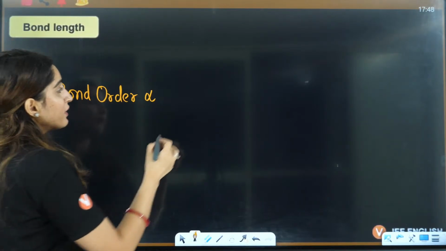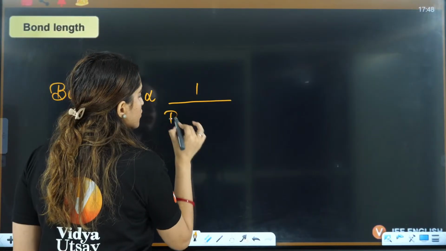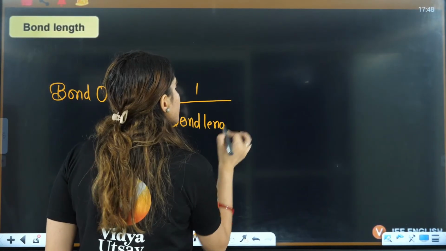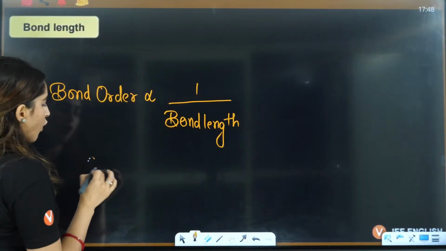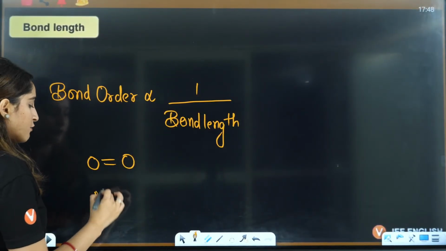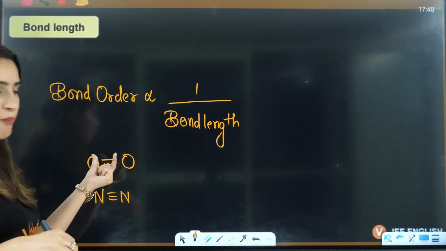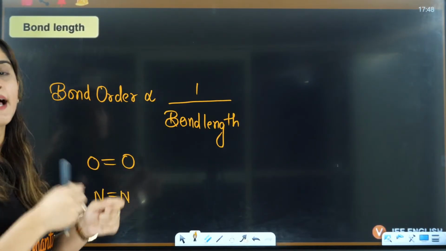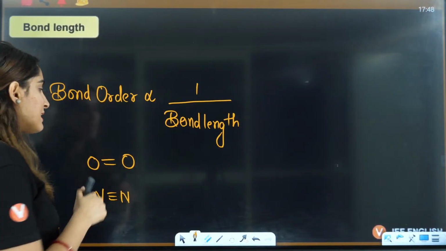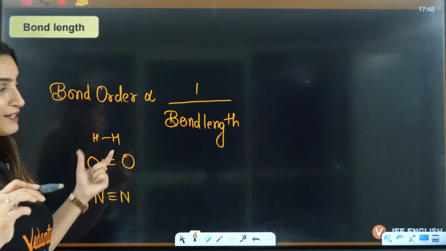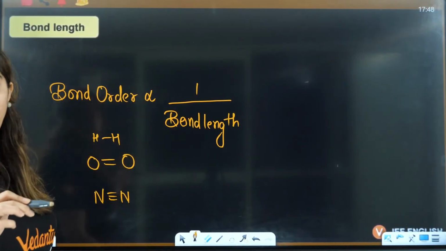That means bond length is inversely proportional to bond order. Take one example. Oxygen has bond order 2, nitrogen has bond order 3. We know that a double bond has more bond length as compared to a triple bond. This has bond order 1, so it has even more bond length. So the more the bond order, the less the bond length.